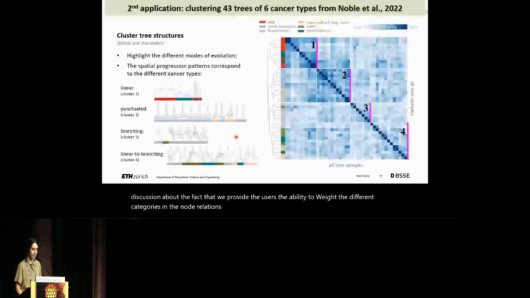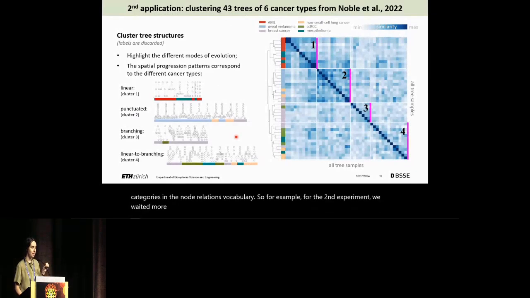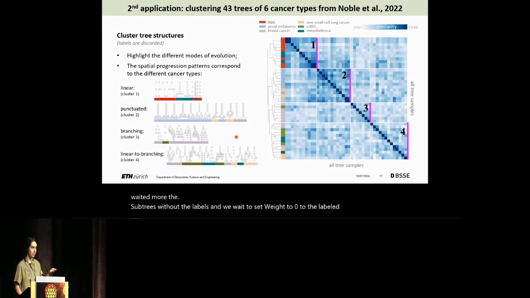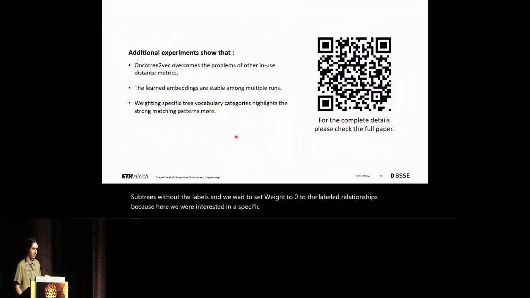So for example, for the second experiment, we weighted more the subtrees without the labels, and we set weight 0 to the labeled relationships, because here we were interested in a specific pattern. So by weighting the different vocabulary categories and by guiding the user to do that, we can highlight stronger patterns in the data. The paper is available in Bioinformatics, of course.